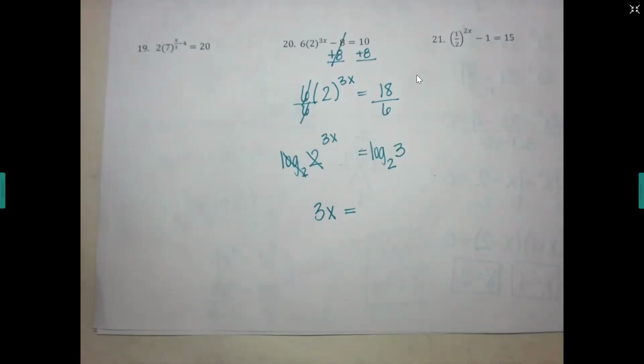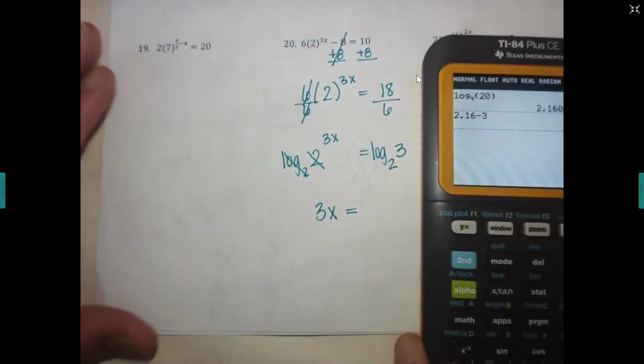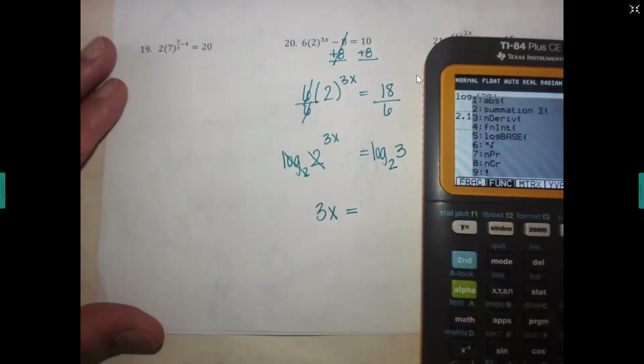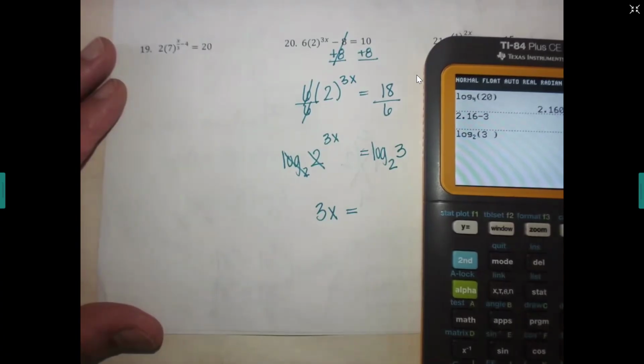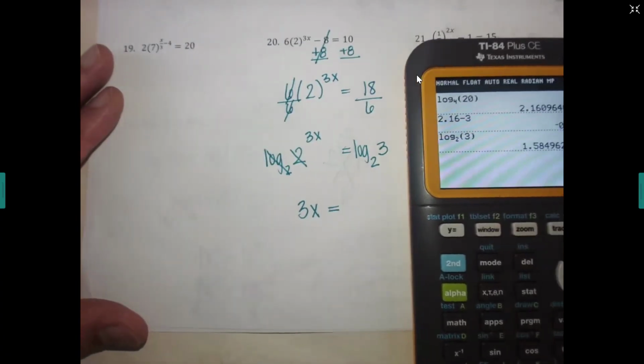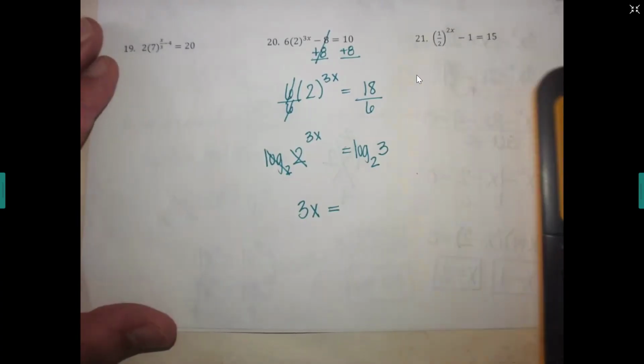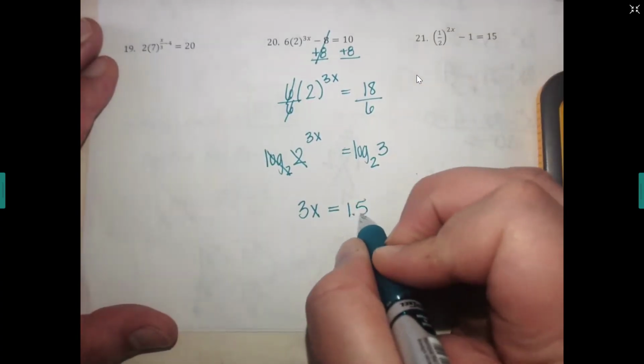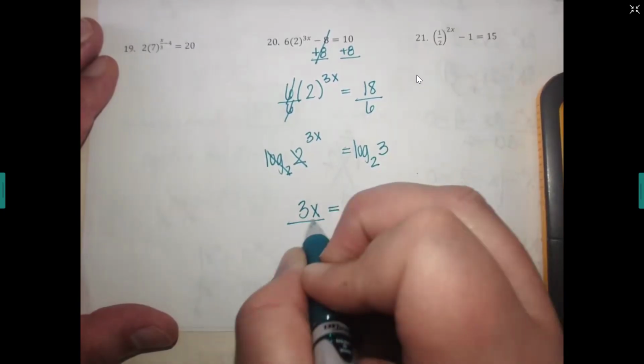And then for my last step, I'll divide it by 3. So alpha window log base, 2 in the first box, 3 in the second box is 1.58496. And then I'm going to divide that by 3.